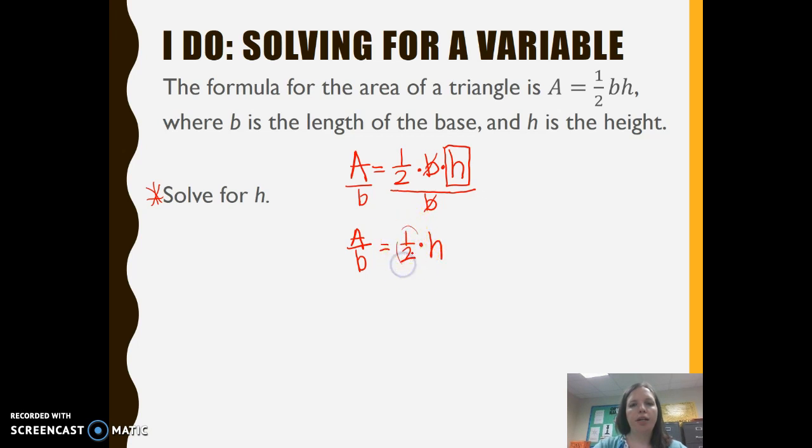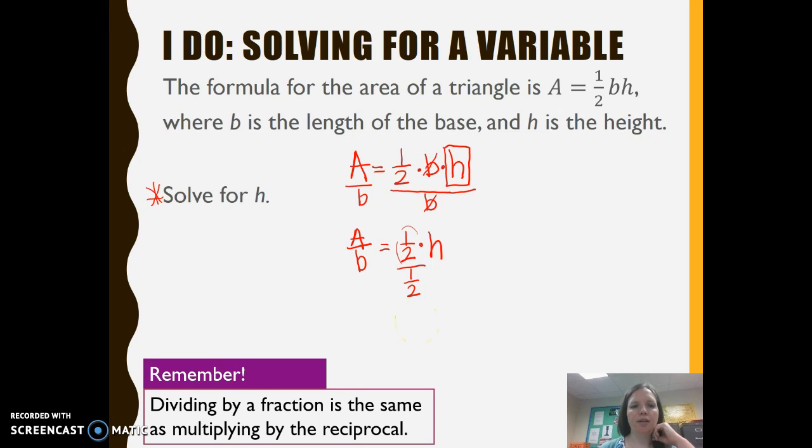How do I get rid of this 1/2? Well, it's multiplying, so I'm going to divide both sides by 1/2. Now, reminder, dividing by a fraction is the same as multiplying by the reciprocal. So instead of thinking of this as divided by 1/2, I can think of this as multiply both sides by the reciprocal, 2 over 1.